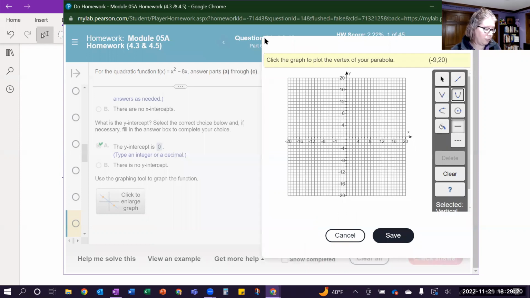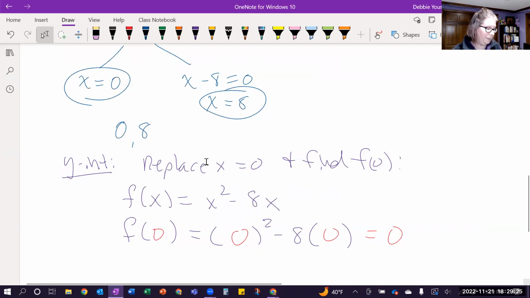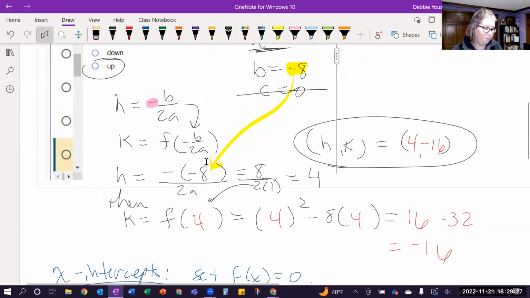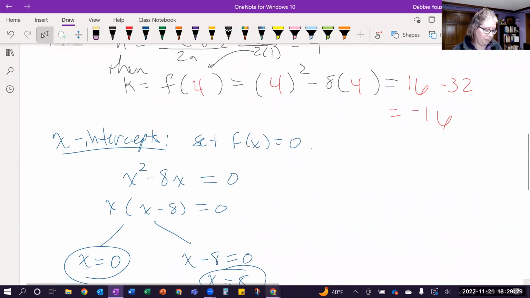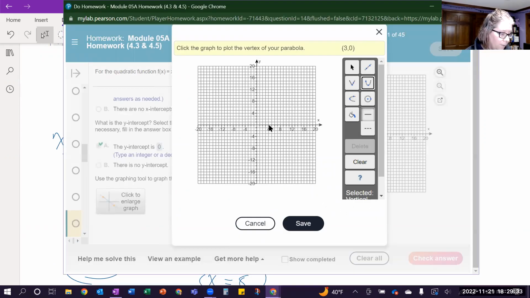And we said the vertex was, what did we say it was? 4, -16. So I need 4, -16. Again, watch the coordinates in the yellow strip to know where you're plotting for sure. I know it's a little hard sometimes with the trackpad or a mouse.